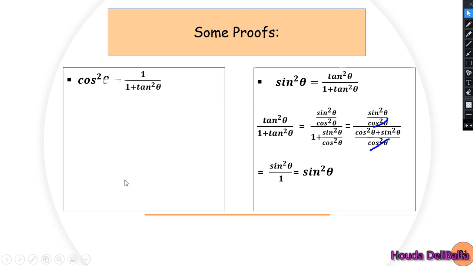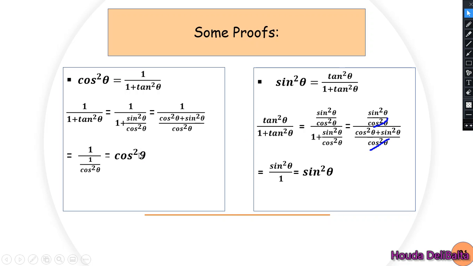Now for cosine squared theta, we have to prove it equal to 1 over 1 plus tangent squared theta. So again, we have to decompose tangent squared theta into sine squared theta over cosine squared theta, making the same denominator also. We will have 1 over cosine squared theta plus sine squared theta, all of it over cosine squared theta.